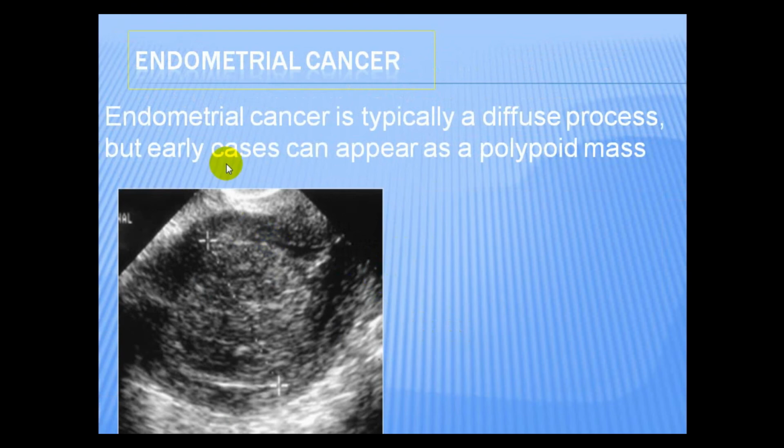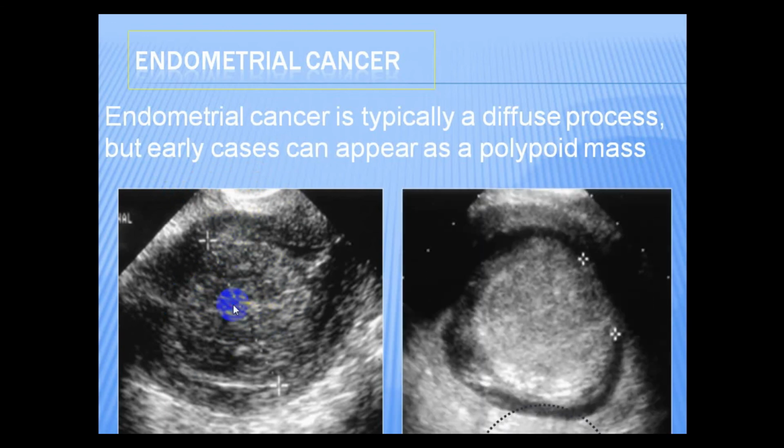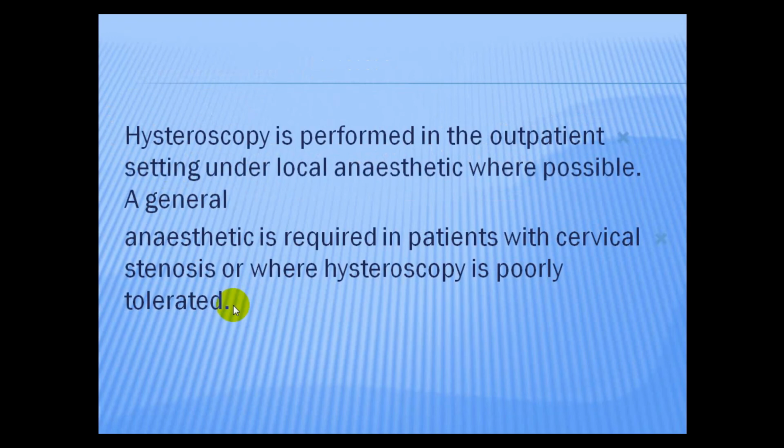Another abnormality is the endometrium, with a diffuse process in early cases, appearing as a polypoidal mass, all related together. Hysteroscopy is performed in an outpatient setting under local anesthesia where possible.